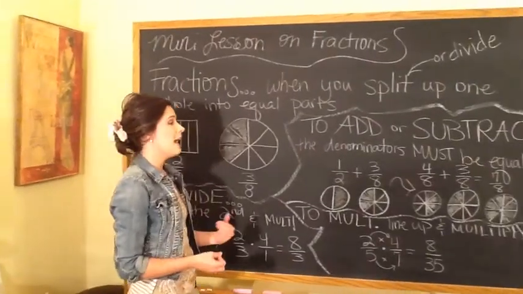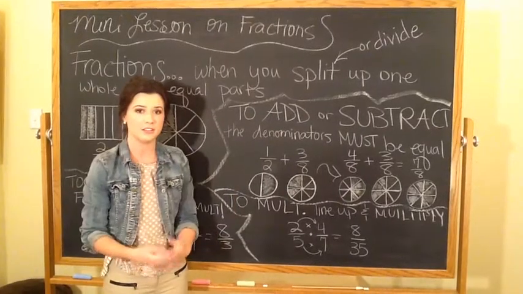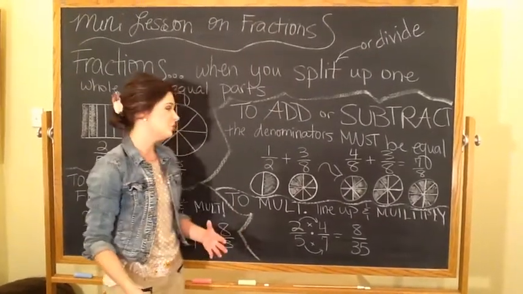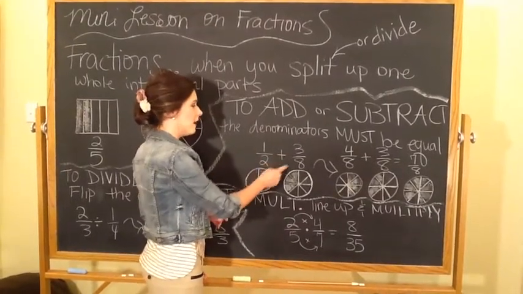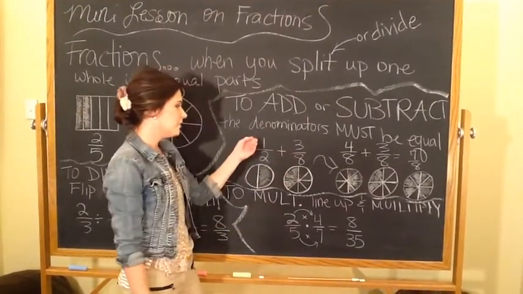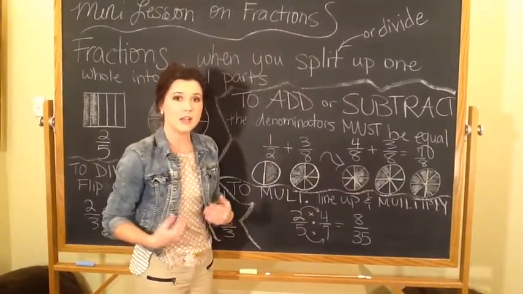All right, in order to add and subtract fractions, you need to make sure that your denominators are the same. Why is that true? Let's look at an example: 1/2 plus 3/8. You can't just add 1 plus 3 because your pieces are divided into different amounts.